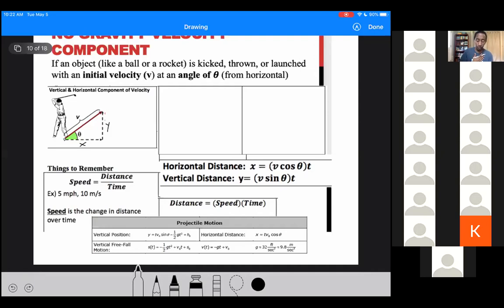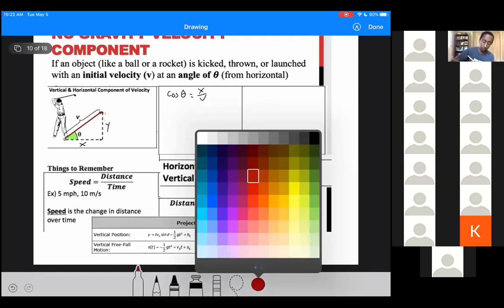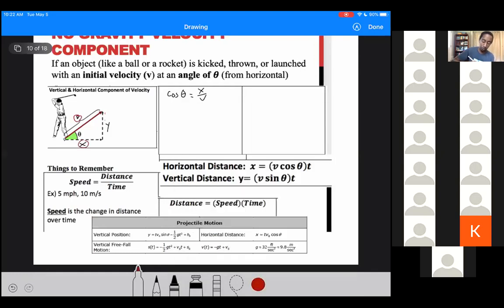So in this case, we're looking just at x, so we're going to say cosine of theta equals x over v, because cosine shows us the relationship between x and v. This is adjacent, this is hypotenuse to the angle. So the relationship between the horizontal component of velocity, this is vectors now, right?